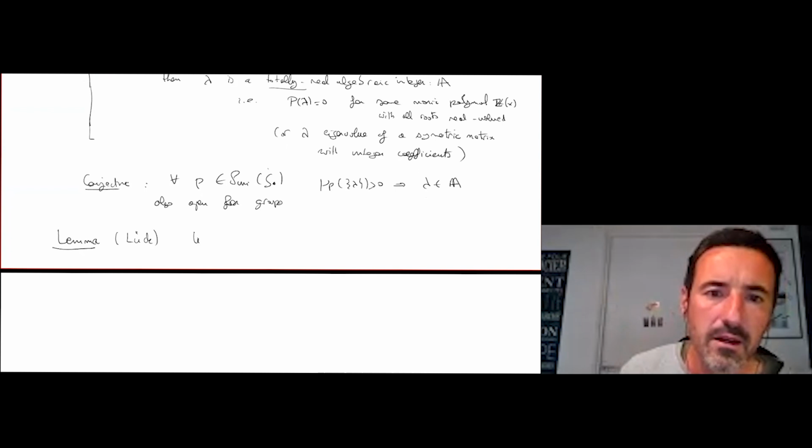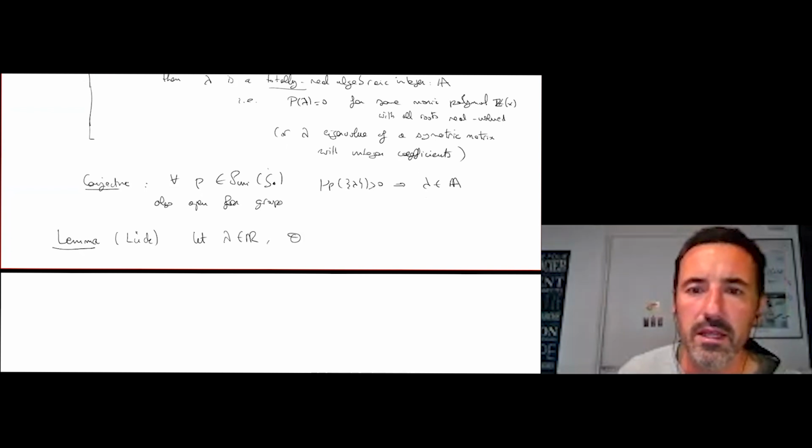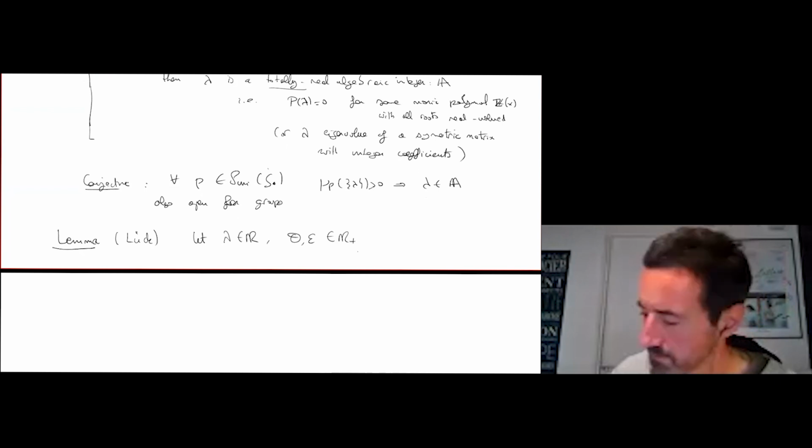So you take lambda, a real number. You take theta and epsilon to be also positive numbers.